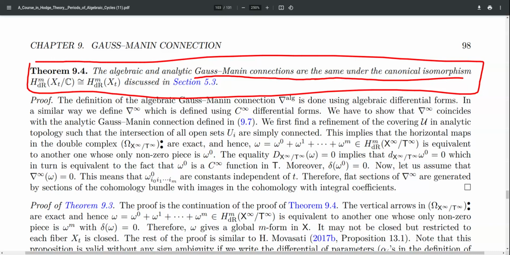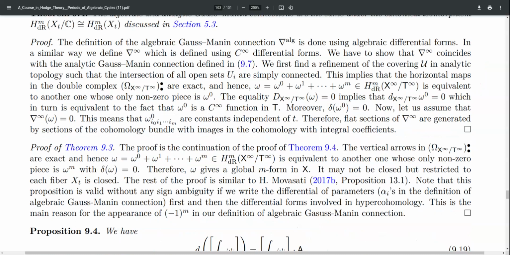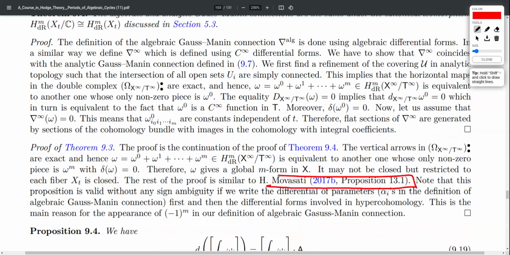And one important part of the proof is this proposition 31 in my book, which is basically the same equality that we wrote in the framework of affine varieties.